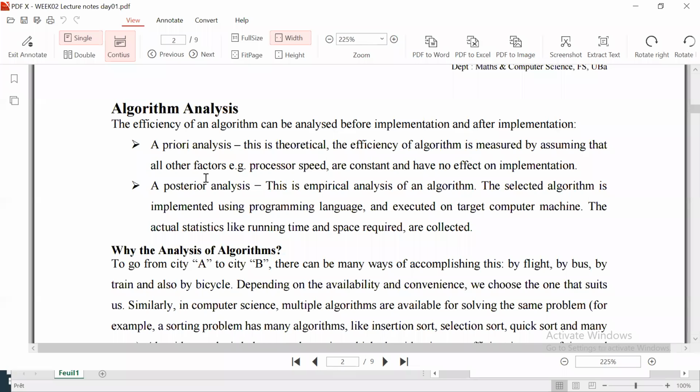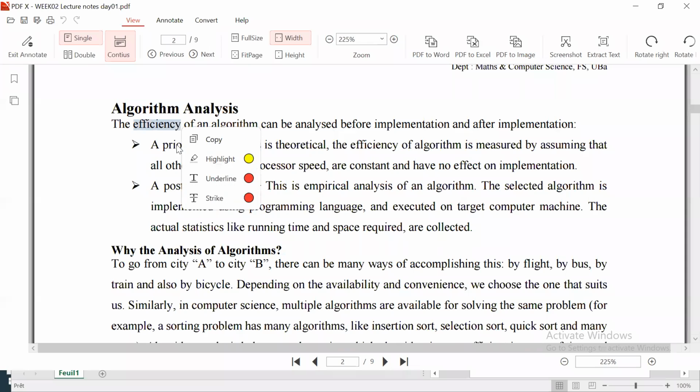But you'll discover that after writing an algorithm, it needs to be executed on a computer system, which means it needs to use some computer resources like the processor. It needs to use also the memory. So you need to make sure that your algorithm is using these resources as optimally as possible. So that's what we mean by the efficiency of an algorithm.